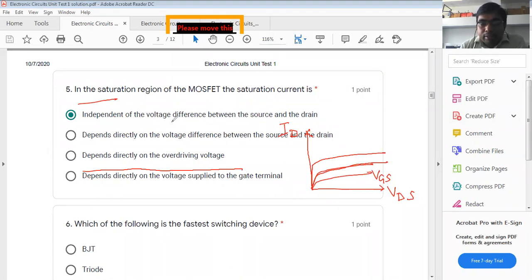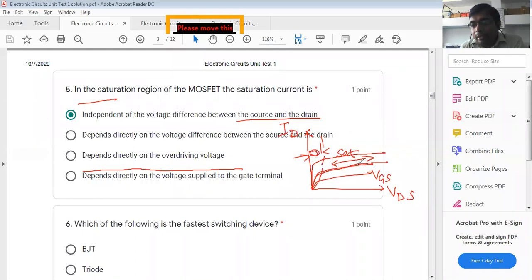Obviously, the responsible voltage is the drain to source voltage. If you look at this characteristic, this particular region is called saturation, and up to this point, on the left hand side, is called the non-saturation region. We are talking about the saturation.